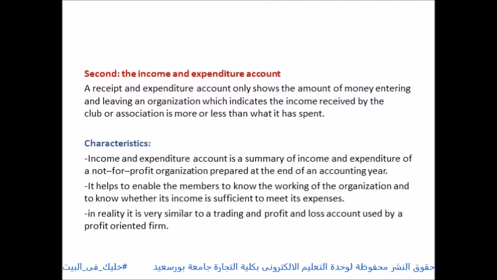In reality, it is very similar to a trading and profit and loss account used by the profit-oriented firm. So the income and expenditure account in a not-for-profit organization is similar to the trading and profit and loss account in the trading organizations or the profit-oriented firm.